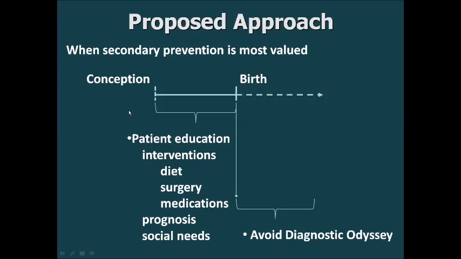But we must remember that while pregnancy termination may not be an option for those couples who prefer to look at expanded carrier screening as a secondary prevention approach, by having been identified as an at-risk couple, they have the option of testing that pregnancy and obtaining specific patient information that might teach this couple before the birth about the dietary interventions that might be applicable for their future child, the surgical intervention or medications that might be needed, and they also have the opportunity to learn more about the prognosis and specific medical and social needs that that child will have after birth.